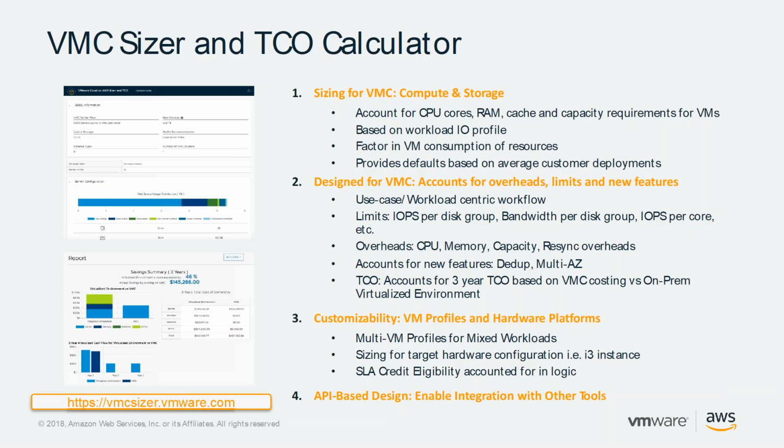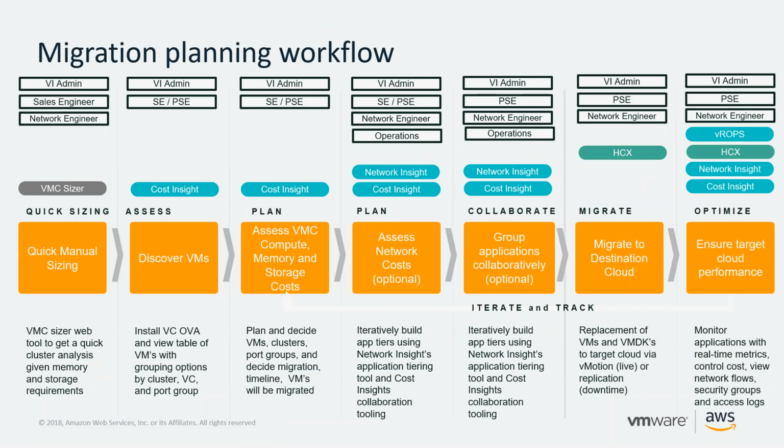Now, this is all good, but the next step is really looking at what you actually have deployed on-prem. So the way we look at the migration planning is kind of like the first step would be looking at the output you'll get from your assumptions based on the VMC sizer. And the next piece would be to actually look at your deployed environment using our migration assessment that's based on our cost insight tool.